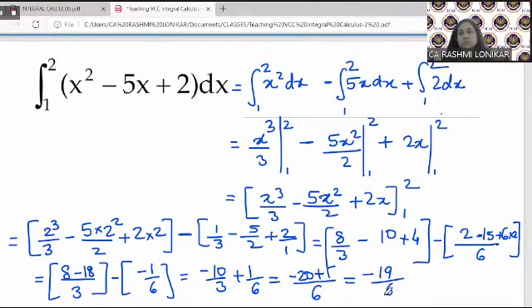Okay, so this will be your answer. Just check whether the answer is correct. So we got the answer. Hope you've understood this definite integral. So all you need to do is find the integration first and then put in the limit.